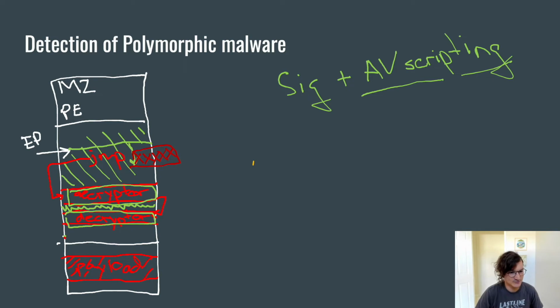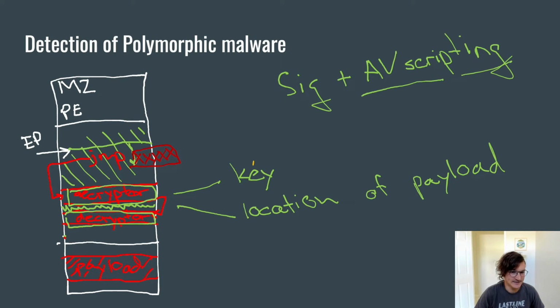So there are two things we want to extract from this decryptor when we analyze it. We want to extract the key, and we want to extract the location of the payload. We would look for the key, and that might consist of a combination of different instructions, right? It would not be just one instruction, it might be multiple.